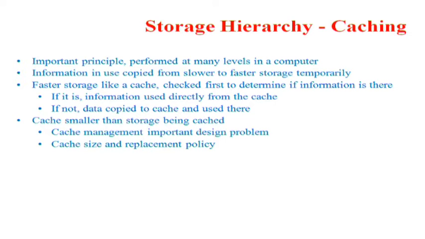If it is, information is used directly from the cache. If not, data is copied to the cache and is used from there. The cache is smaller than the storage being cached. What do we encounter now? Cache management is an important design problem. The cache size and replacement policy are important while we consider this.